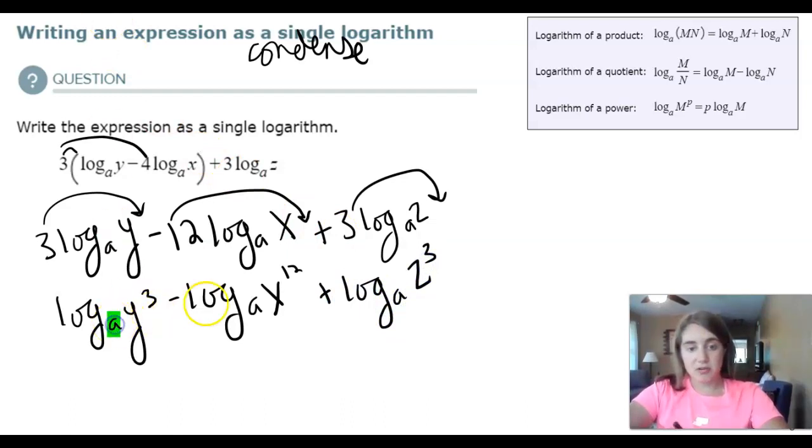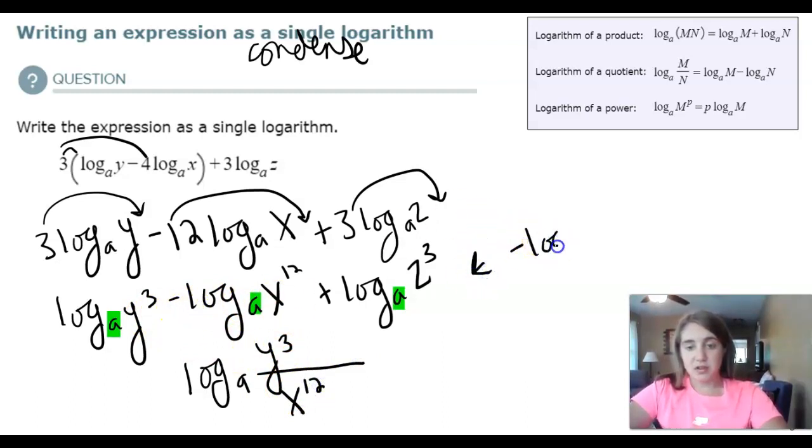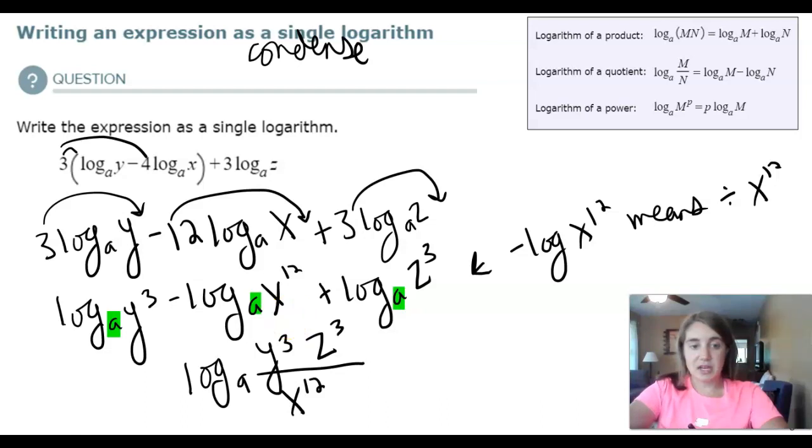And then we see all these are the same bases. So this is probably the hardest part. Y to the 3rd, I'm dividing by x to the 12th. It's like a negative. That means divide by x to the 12th, z to the 3rd. So it looks something like that.